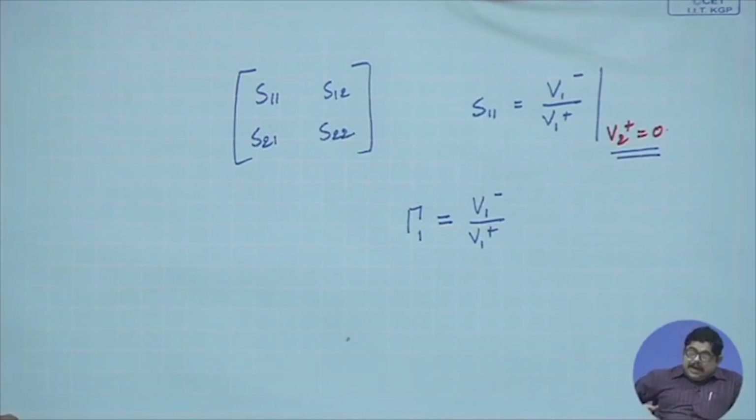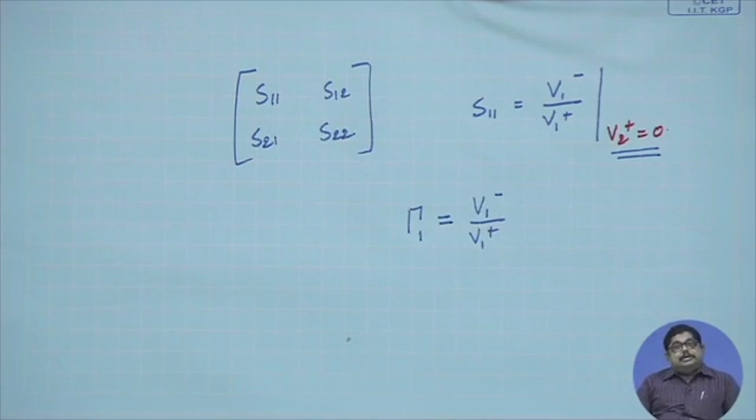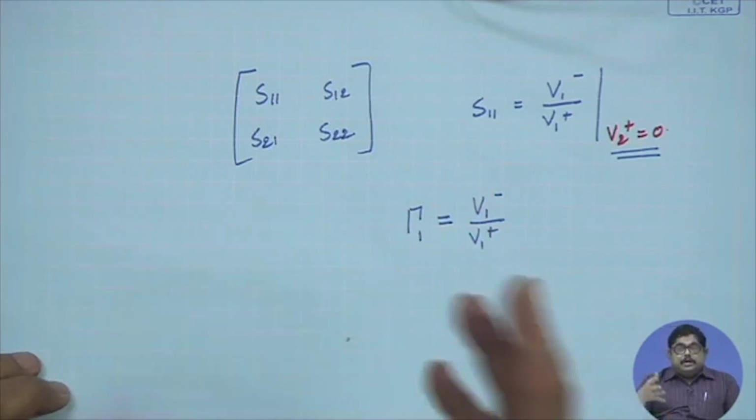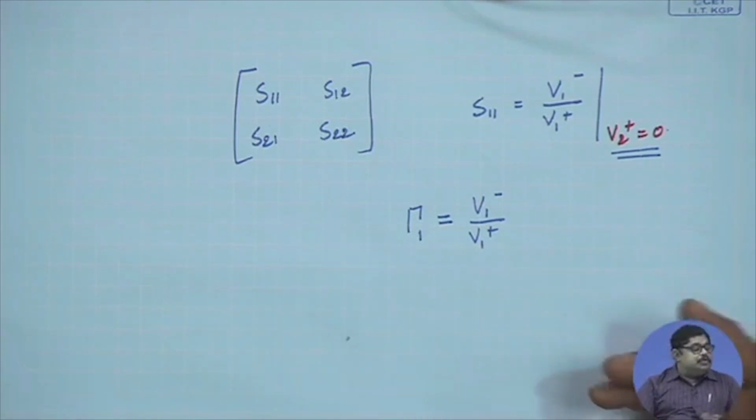So, we can say that if port 2 is terminated in a match load, then only reflection coefficient and S11 are the same, otherwise they are different. S11 is under this condition, reflection coefficient is general.